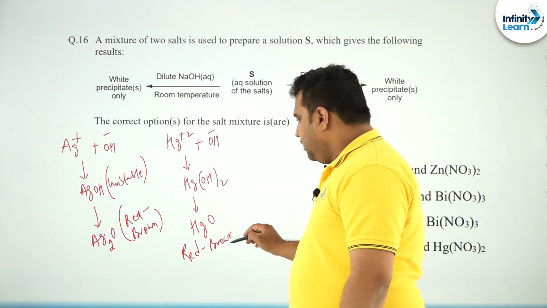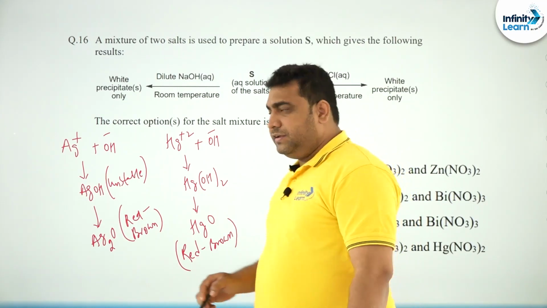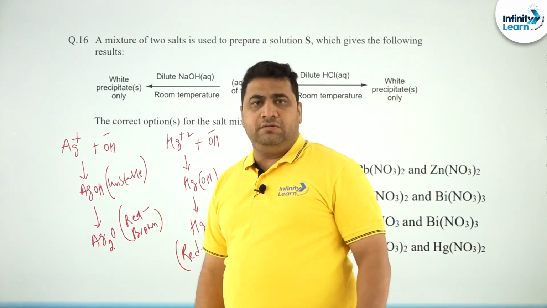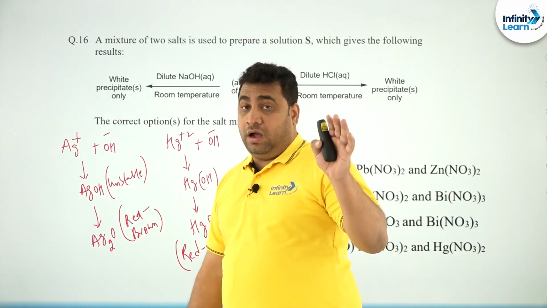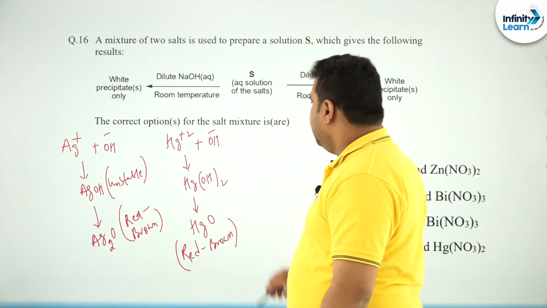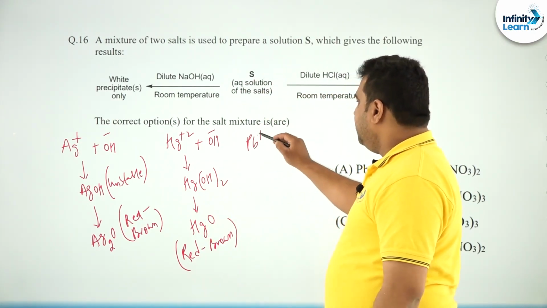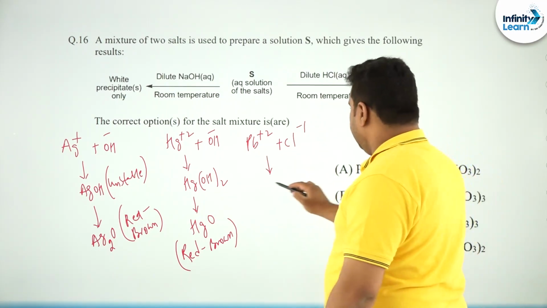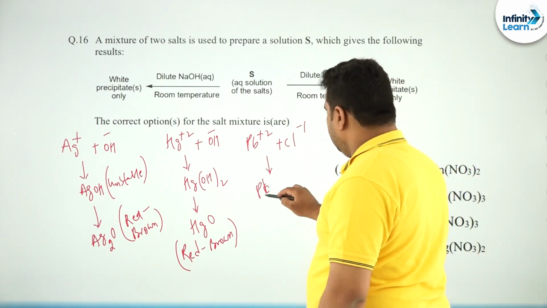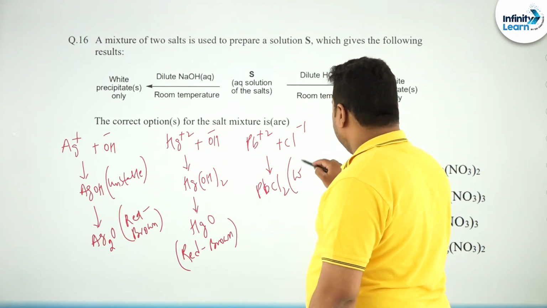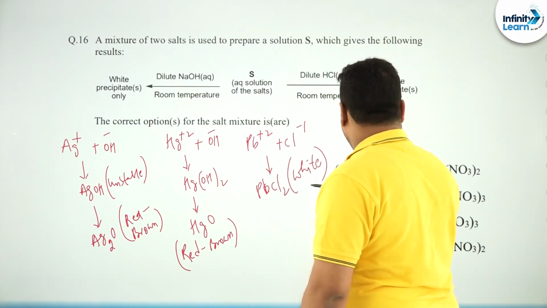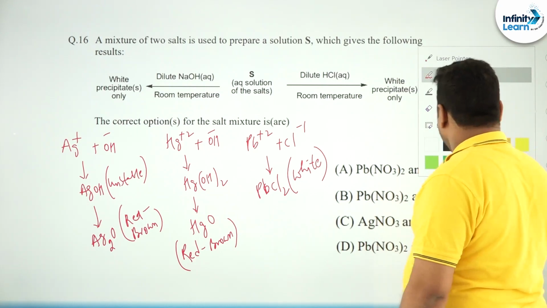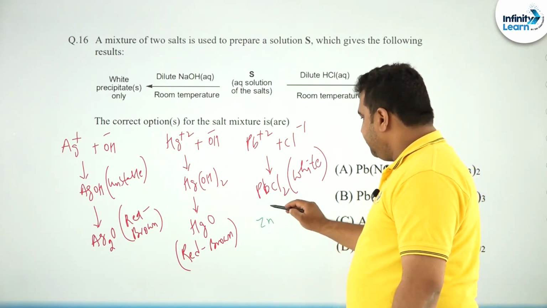Remember all of you, those who are planning for next year, silver and mercurous ions, these ions' hydroxides are very unstable, right? And everybody should know that Pb2+ will react with chlorides and form PbCl2, which is generally white in color. Same thing, zinc ions also.